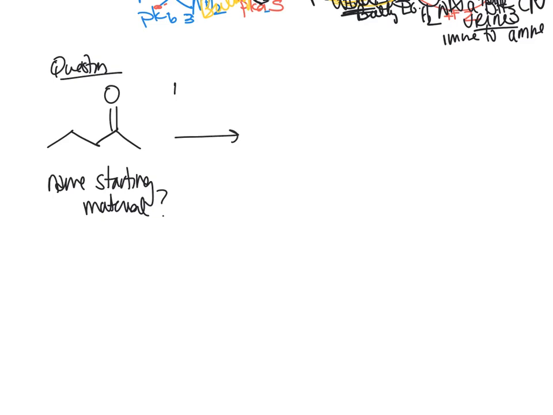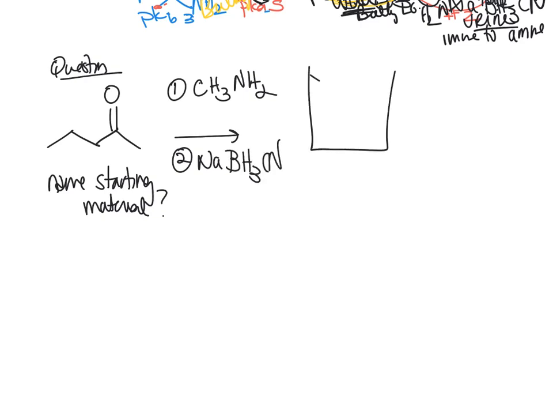And then we're going to add CH3NH2, methylamine, and then we're going to throw in some sodium cyanoborohydride. And your job is then to tell me what that structure A is.